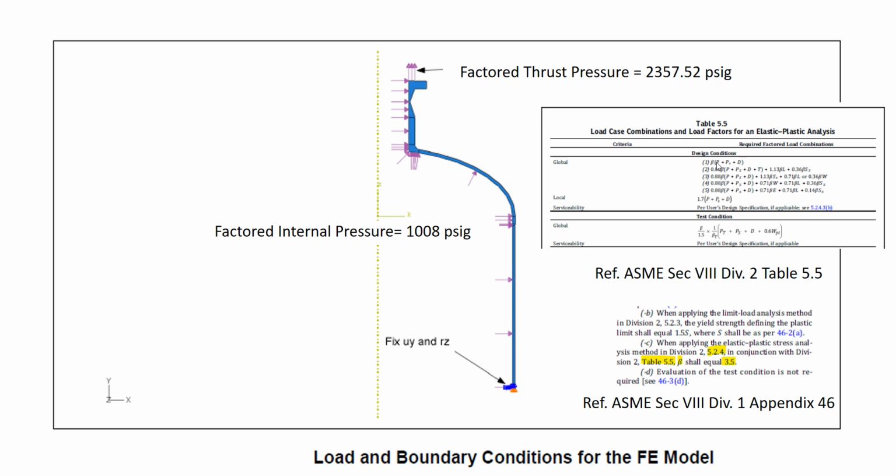Since in our case internal pressure is the only load, we will be considering the first load case combination for design condition. And when we see Appendix 46, it is mentioned that when applying the elastic plastic stress analysis method in Division 2 of 5.2.4 in conjunction with Division 2 Table 5.5, the beta factor shall be 3.5.